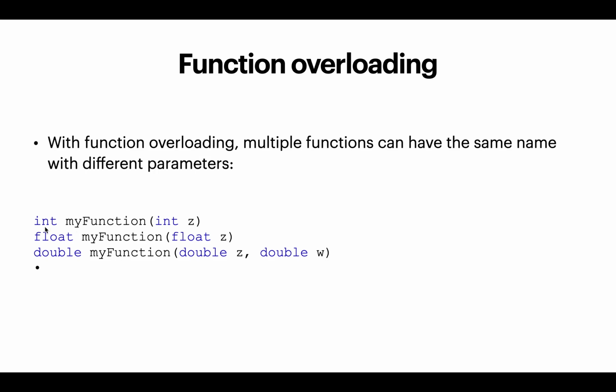Overloading means changing the return type and the parameter data types. So whenever you invoke this function and you pass it a float, it will return a float. But if you call this function later in the code and you pass an integer, it will return an integer.